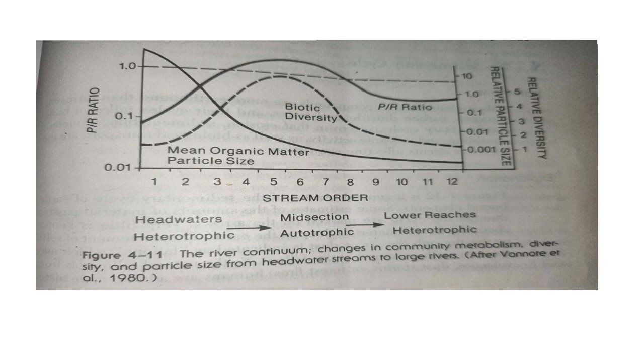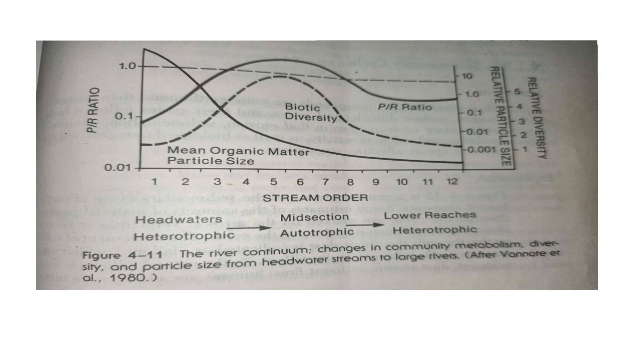The mean particle size is very high in the headwaters, and the mean particle size reduces a lot in the lower reaches, due to which light penetration is also affected, leading to a reduction in the production over respiration ratio.